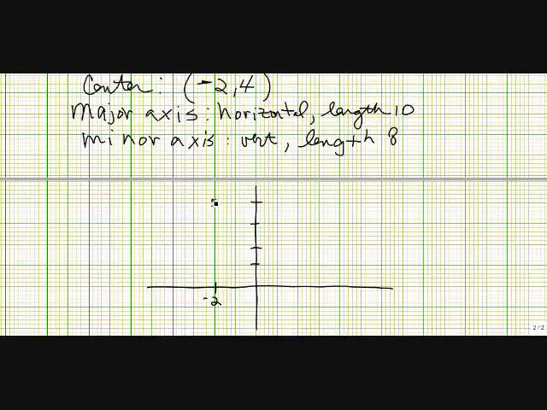My major axis is going to be horizontal and going to have a total length of 10, which means I go 5 in each direction, 1, 2, 3, 4, 5, to give me a total length of 10. My minor axis is going to be on the vertical. It's got a total length of 8. Divide that by 2 and go 1, 2, 3, 4 up and 1, 2, 3, 4 down. And my ellipse goes out around here somewhere.